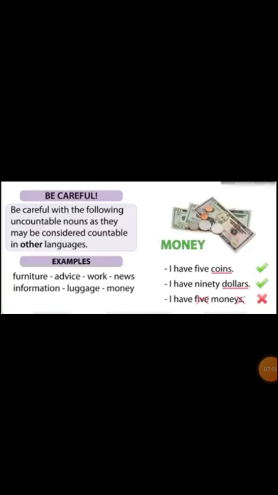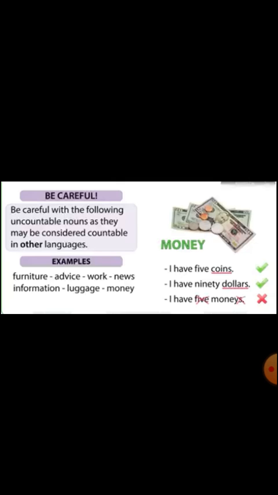Be careful with the following uncountable nouns, as they may be considered countable in other languages: money, furniture, advice, work, news, information, luggage. In the English language, these are all uncountable nouns.